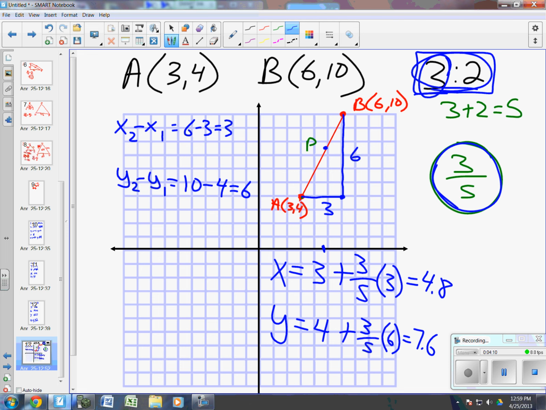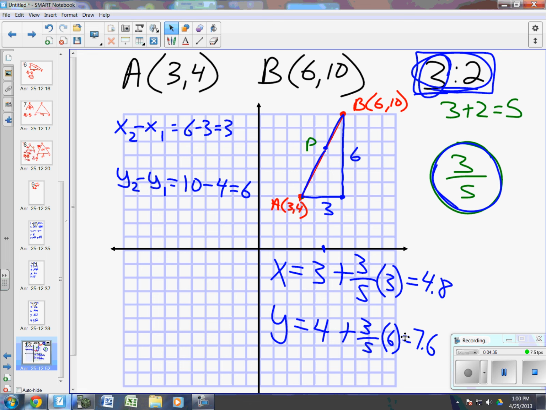That's point P. Does that look like it divides it into a 3:2 ratio? So there's 3 parts here and 2 parts here. It's not a distance of 5. It's not the same units as we're using to get the 3 and the 6. It's just dividing it into a ratio of 3:2.